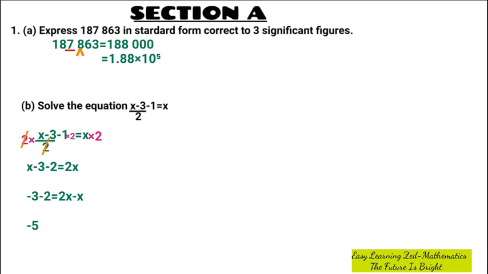Then 2x minus x will give us x, so negative 5 is equal to x. Okay, so that was the answer for question 1b, and that is the answer examiners expected from candidates. So we can go to question 1c now.